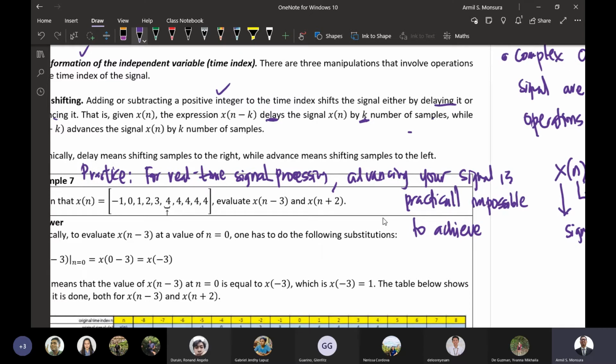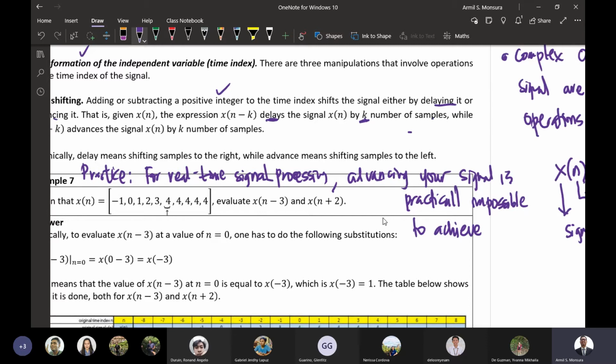Okay, pero again, for real time signal processing, ang signal delay is possible. Pwede nyo i-perform ang signal delay kapag meron kayong real-time signal processing system. Basically, para ma-delay nyo ang isang signal value, kailangan nyo muna siyang i-store sa isang memory. Tapos, kapag kailangan nyo na siya, tsaka nyo siya hugutin galing sa memory.